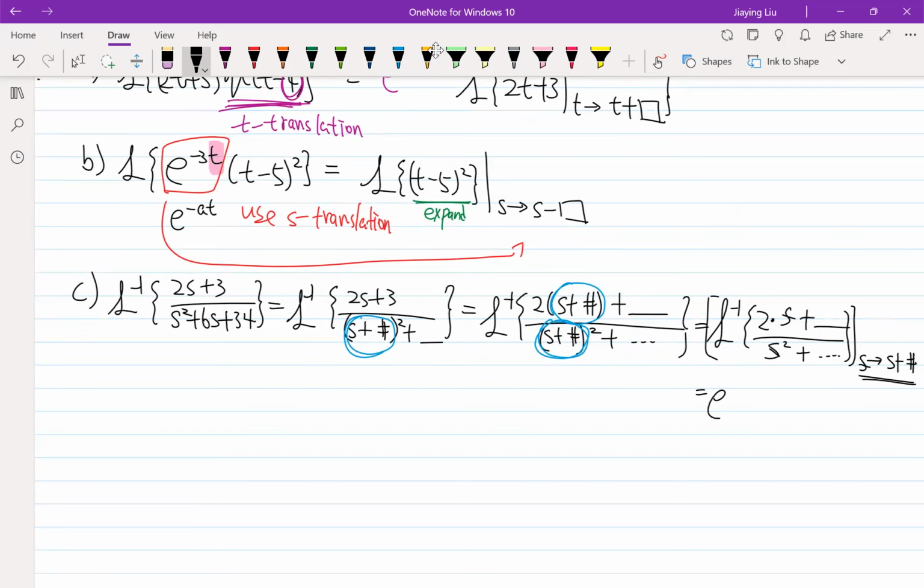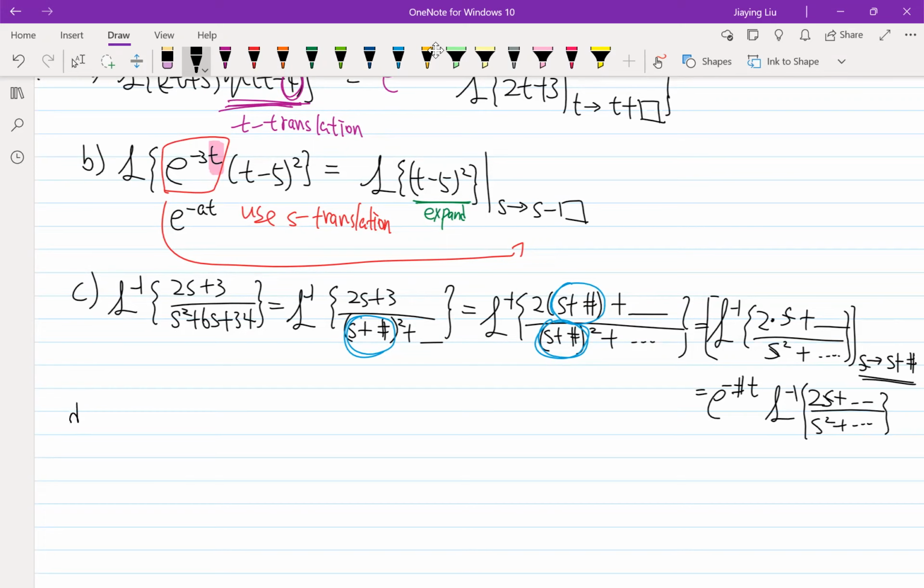That just becomes e to the negative hashtag t, and then we still have this inverse Laplace of 2s plus a number divided by s squared plus a number. We have to find the inverse Laplace transform. I apologize if my notation is confusing with hashtag and s hat, but that's sort of the picture.